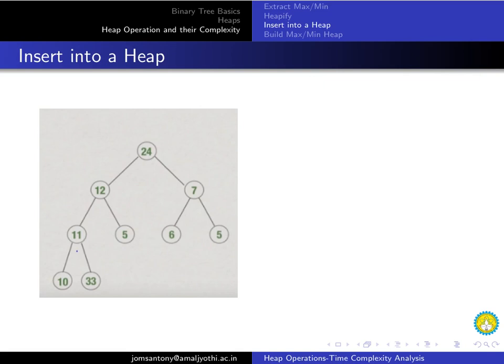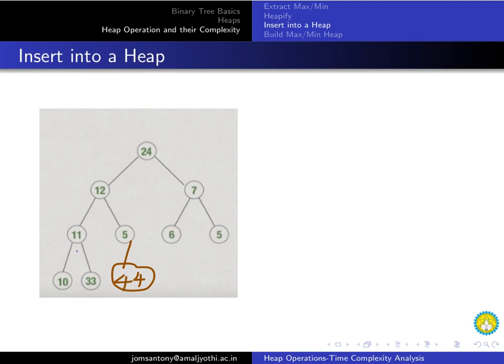Now for performing an insert operation into an already existing heap, what we have to do? So given a value, we want to insert it into the given heap. Suppose if I am asked to insert 44 into this heap, what I will try to do is that I insert it into the last unfilled position and see if the heap property is maintained.